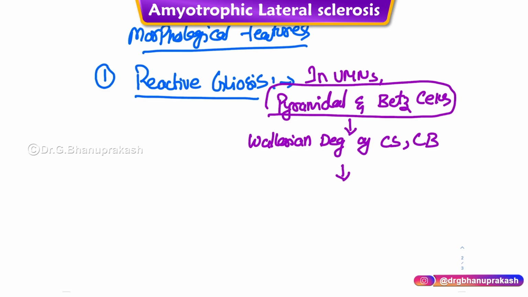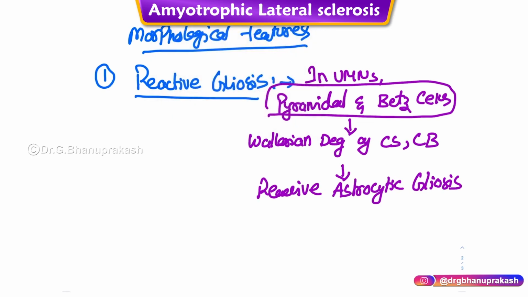So, whenever there is loss of neurons, reactive astrocytic gliosis occurs.